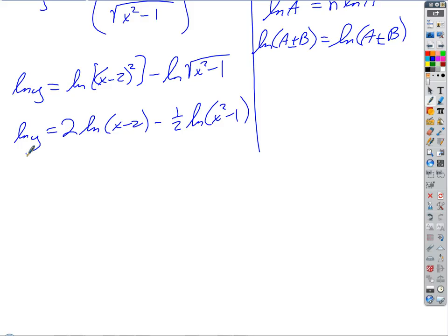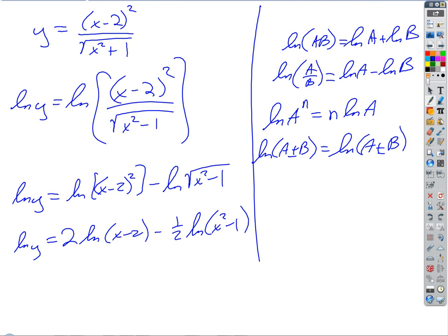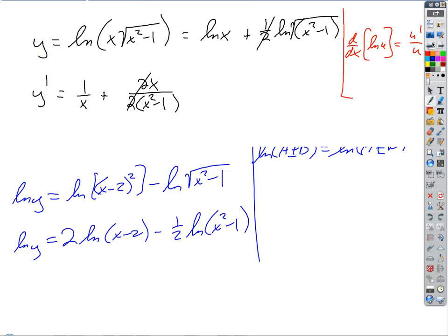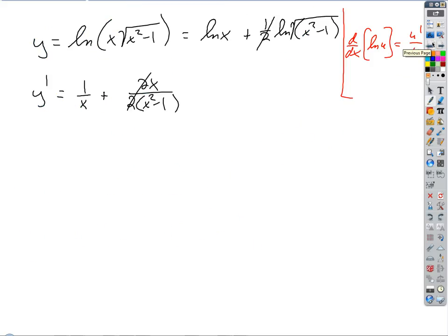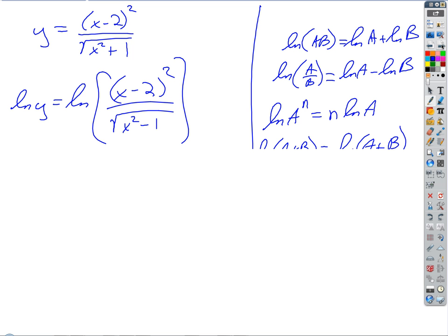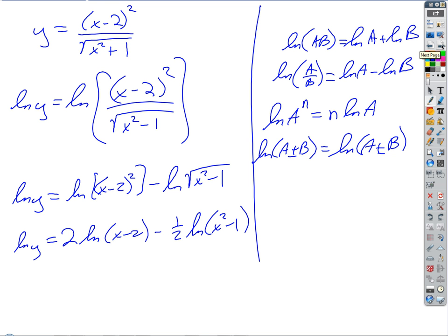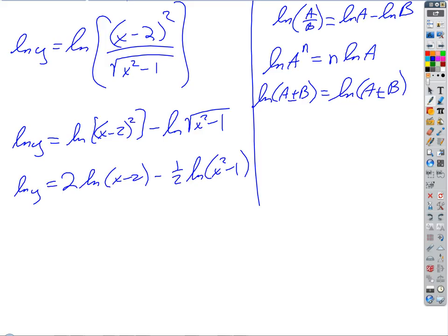So what's the derivative of log y with respect to x? It's just going to be the derivative of the argument divided by the argument of the log, right? So if that's a y, what is it? It's y prime over y, right?